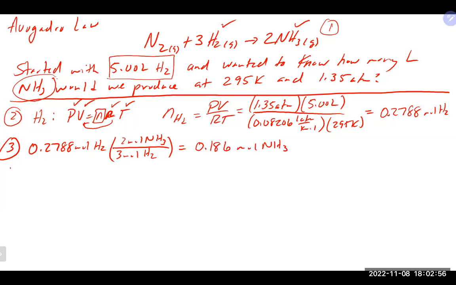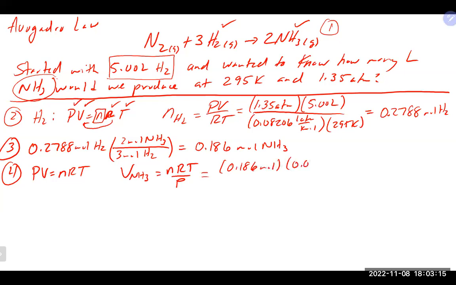Now we're really at step number 4. And for step number 4, we now can once again use PV equals nRT and solve for V for NH3, which would be nRT over P. We could use our moles that we just calculated, the gas constant there, and the pressure and temperature, which are basically the same as what we had earlier. So our temperature would be 295 and our pressure there would be 1.35 atmospheres.